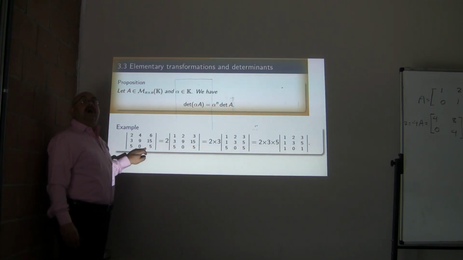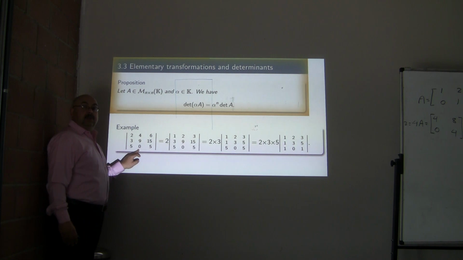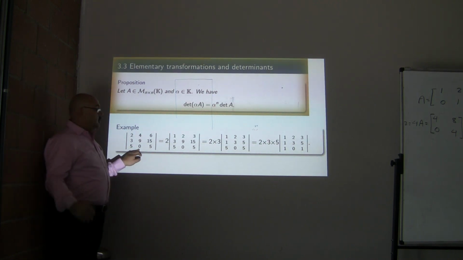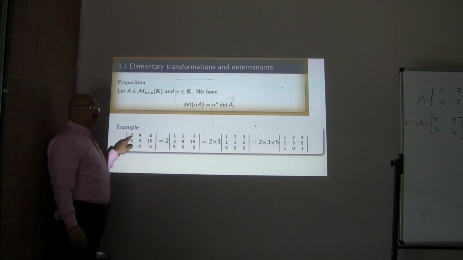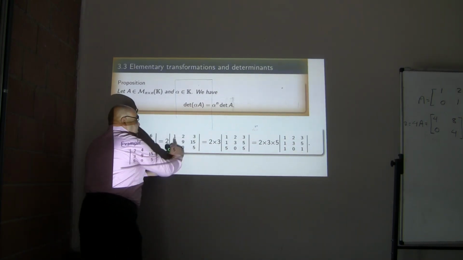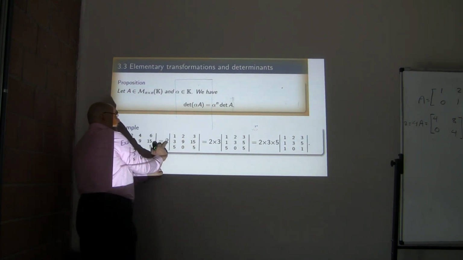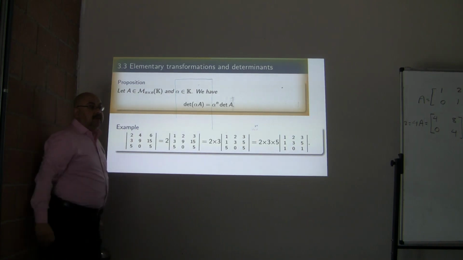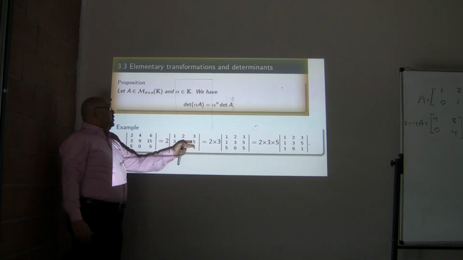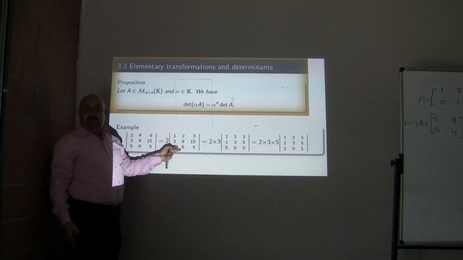If I took a number from one of the rows, it will come out from one row or one column. So it's going to be taking 2 from the first row, so it's going to be 1, 2, and 3. The value of this determinant, if you multiply by 2, is going to be exactly the same. They are similar to each other. Now I'm going to take 3 as a common.